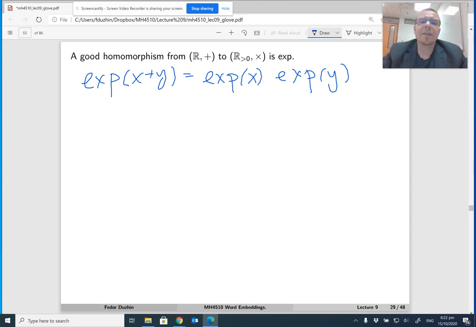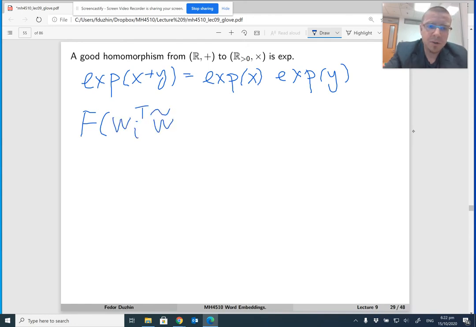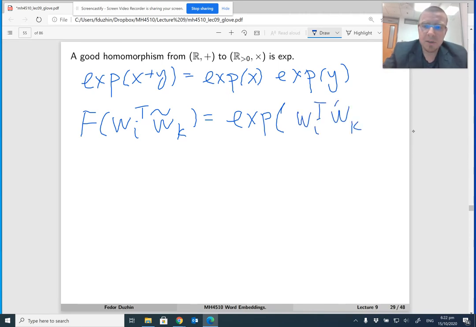Which is why it is convenient to set our f to be the exponential function. So it is convenient to require that f of w_i transposed w̃_k is just exp of this w_i transposed w̃_k.